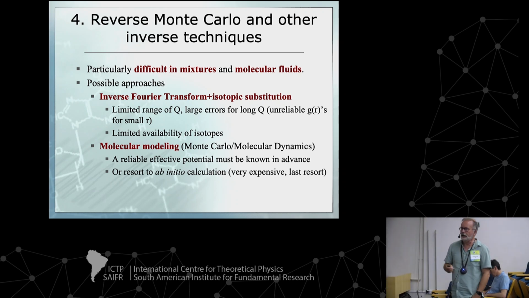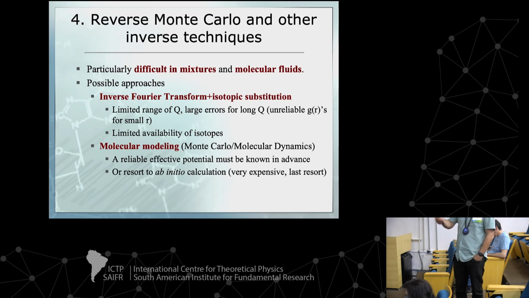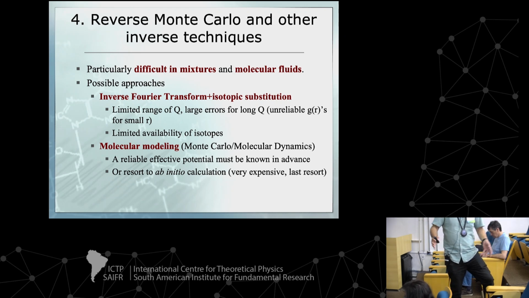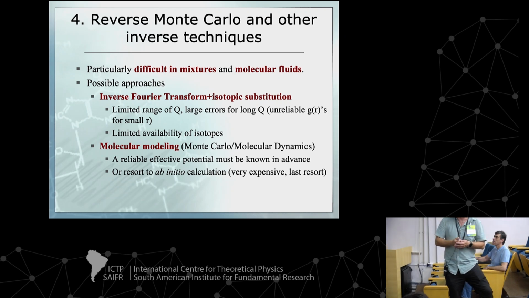So you can go to molecular modeling, that's either Monte Carlo or molecular dynamics. The problem is that there you have to have a reliable potential, and not always do you have potentials that you can rely on. Otherwise, you go to first principles. Now we have large computational resources, and we go to ab initio calculations.